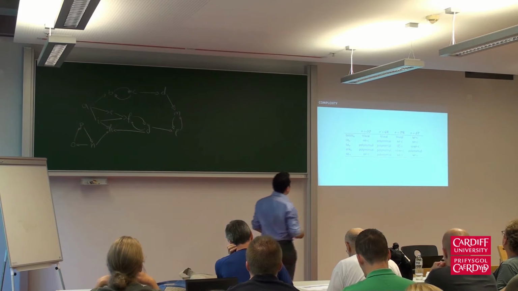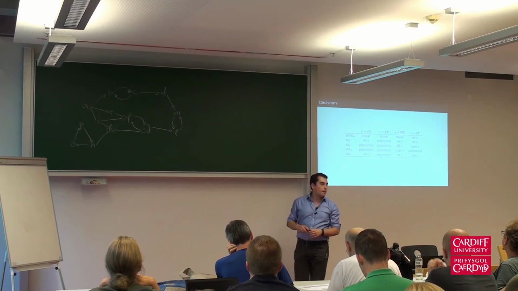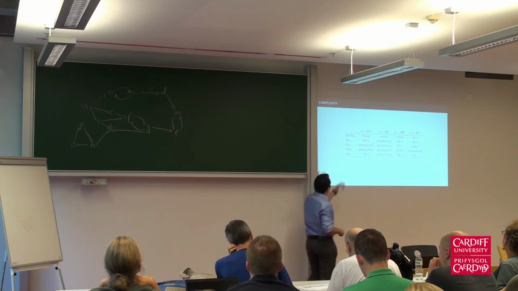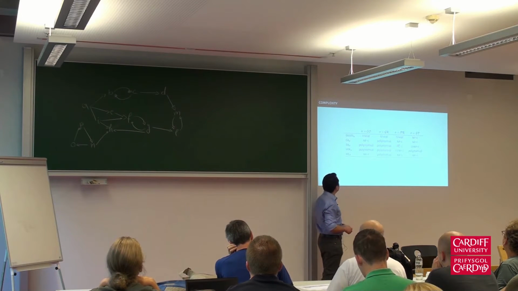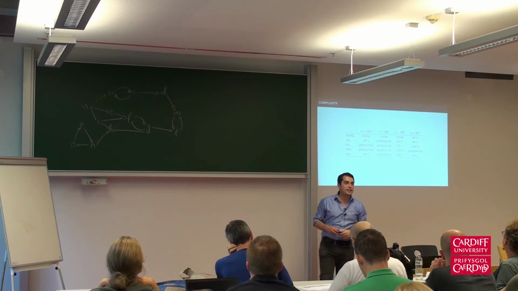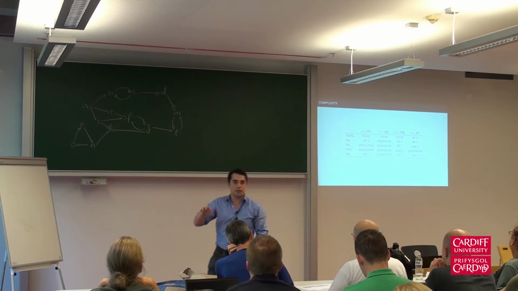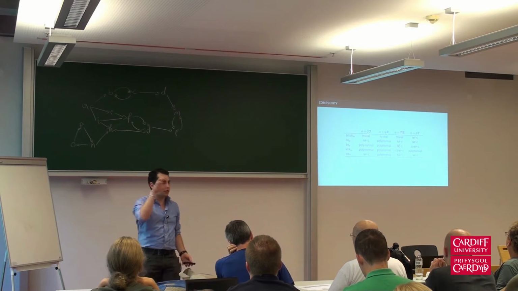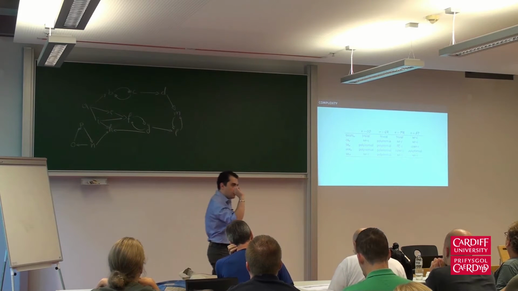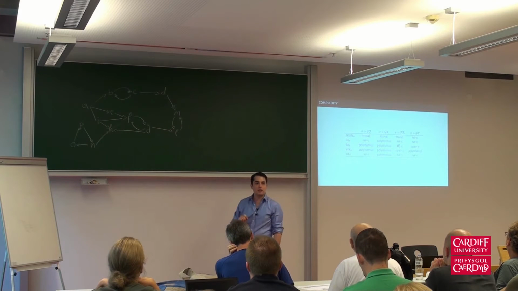One of them is to check whether a specific extension exists, whether an argument can be credulously accepted or skeptically accepted, whether a set is an extension or whether an extension is not empty. So an argument is credulously accepted if it is inside at least one extension. So if you have one extension on your graph and the argument that you want to look at is inside that extension, then that argument is credulously accepted.